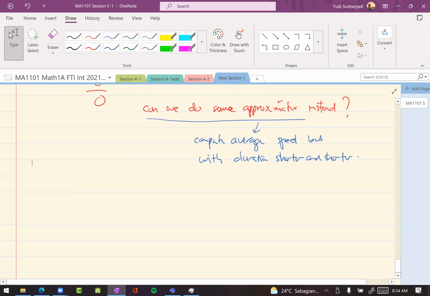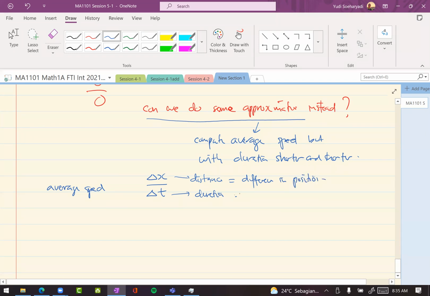So, right. So average speed is, say this is distance, divided by delta t. Okay, so this is distance, this is duration. Distance is difference in positions. This is time difference. Okay.